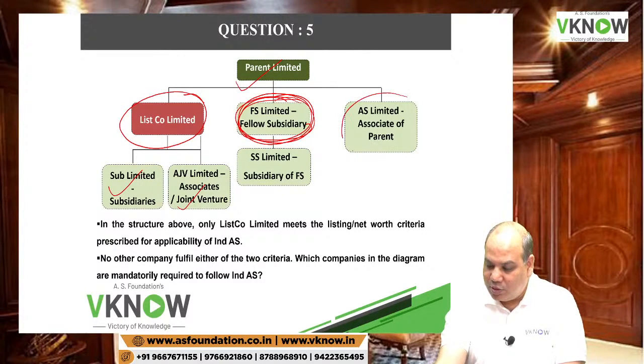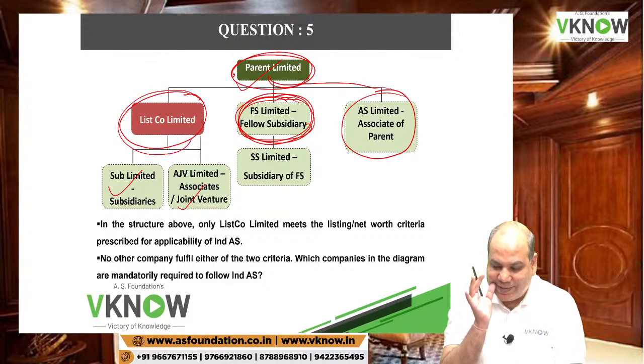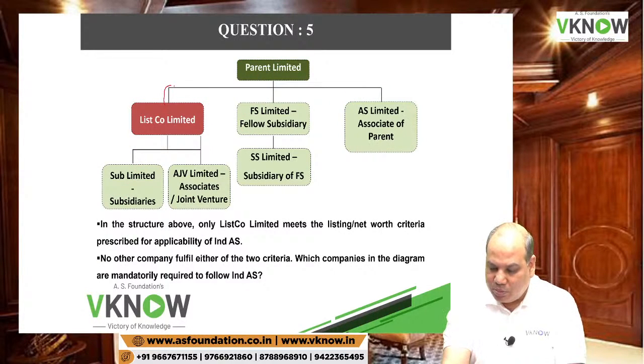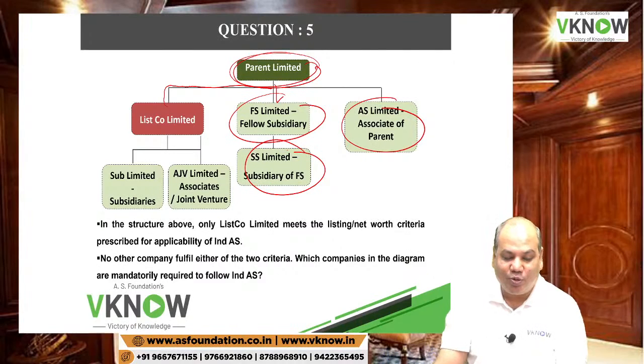Same question, whether AS Limited, who is an associate of parent, will apply Ind AS just because list company applies? Now some student can also argue like this: because list company applies, parent applies, and because the parent applies, this should also apply. That is another way of argument.